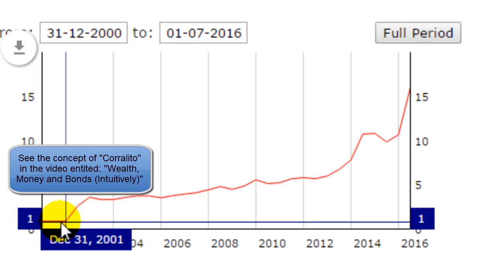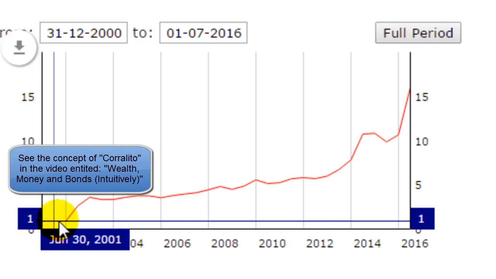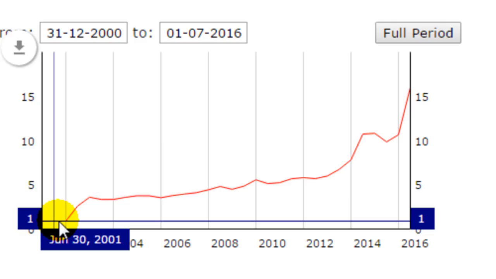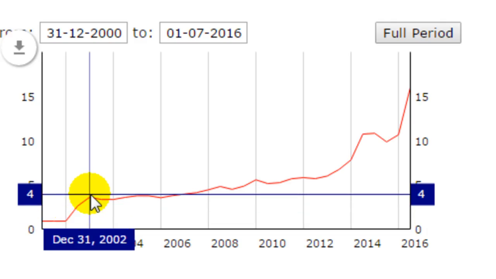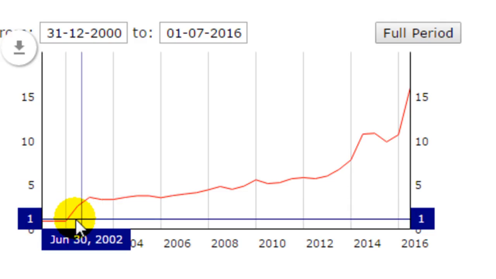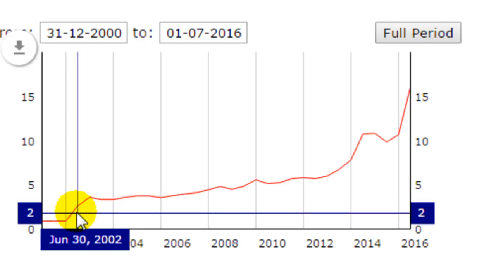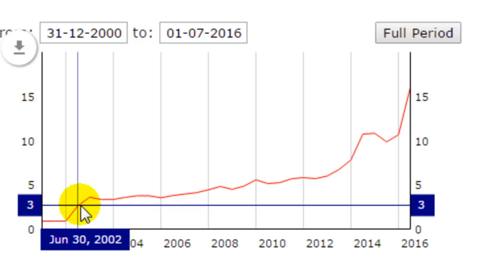So when the corralito happened, you can see in this year, before the corralito, you have $1, 1 peso. After the corralito, in just 1 year, $1, 4 pesos. So the price of the dollar multiplied by 4 in 1 year. Actually, at the beginning of the year, it was already 3 times more.